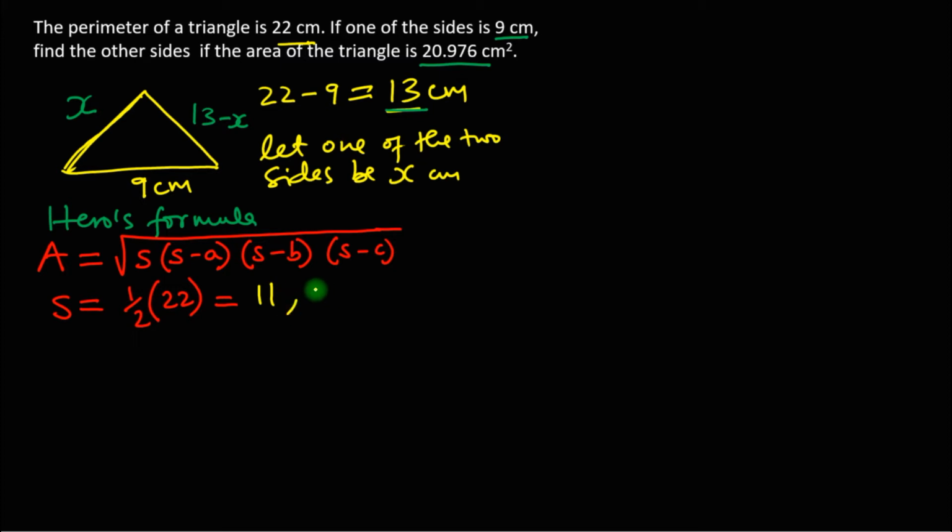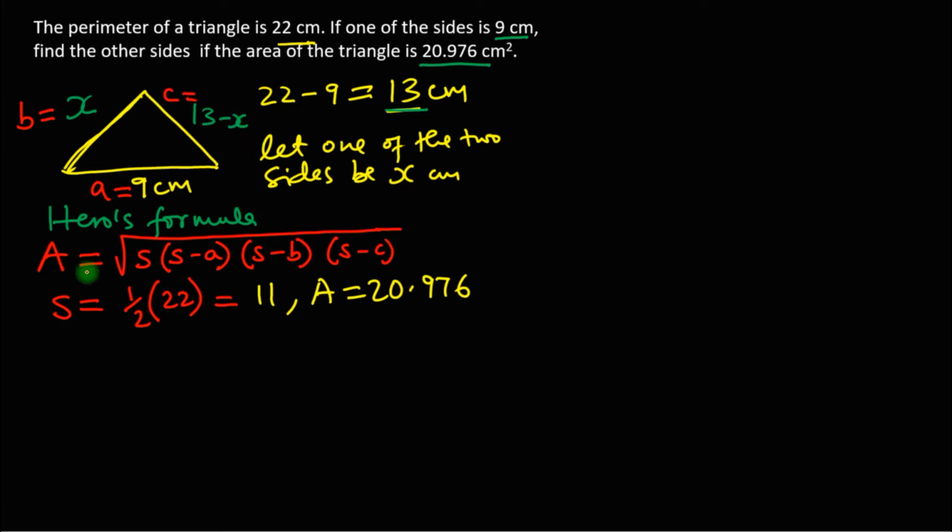Then the area is 20.976. Let one of these sides be a, then the other side x be b, and the third side be c. c is 13 minus x.